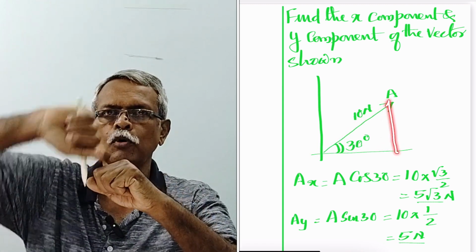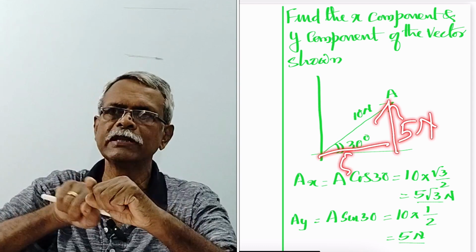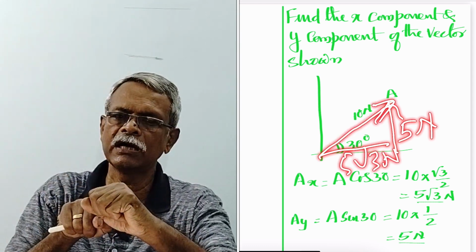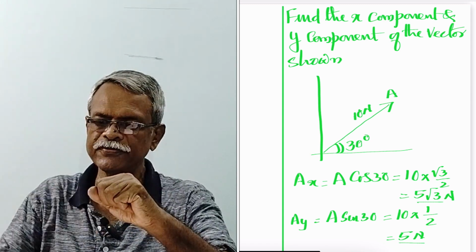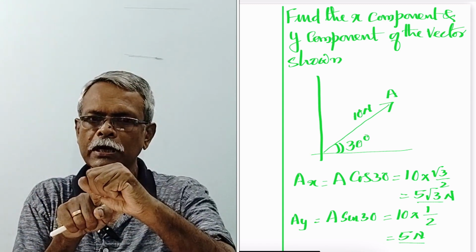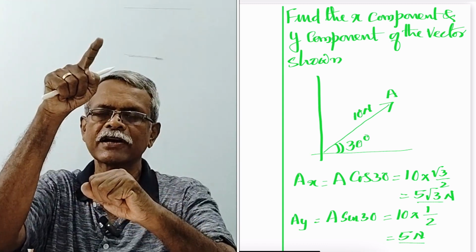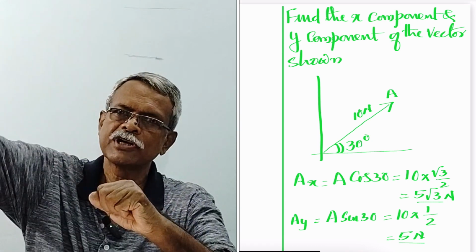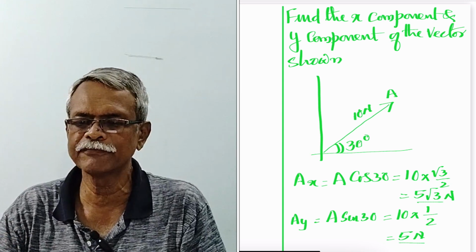Take another string and pull it in this direction with 5 Newton. Then this object will move in that direction, making an angle 30 degree, as if 10 Newton is acting in this direction. Therefore, this force, that is 5 root 3 Newton applied in this direction and 5 Newton applied in this direction, is equivalent to a 10 Newton applied in this direction, making an angle 30 degree. That is the meaning of that question.